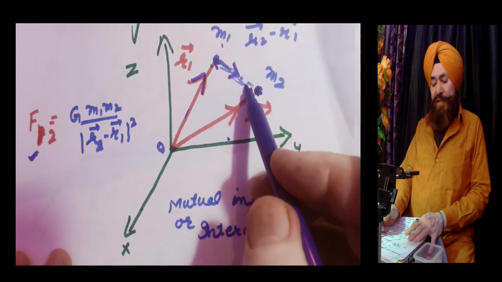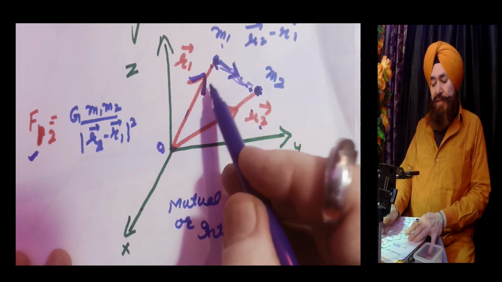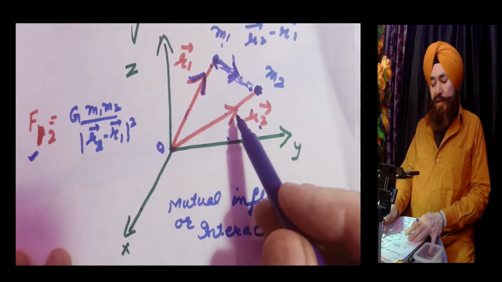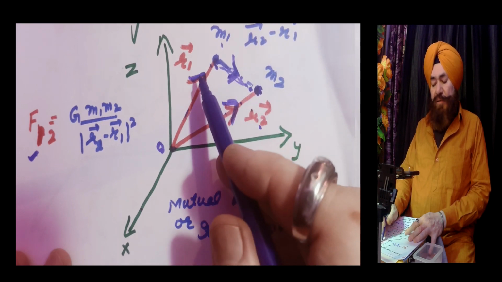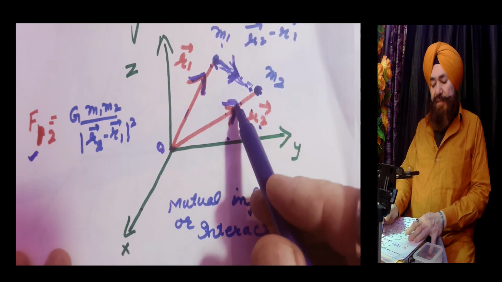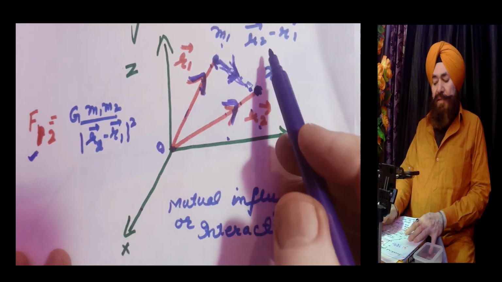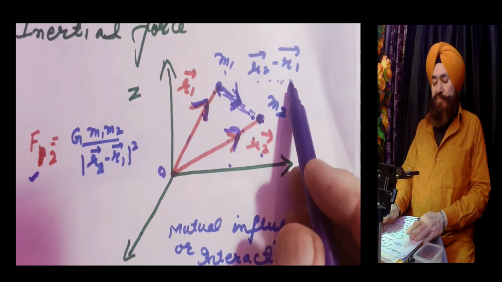So what is this direction? You apply the triangle law. So this plus this equals this. That means this vector is this minus this, that is r2 vector minus r1 vector.